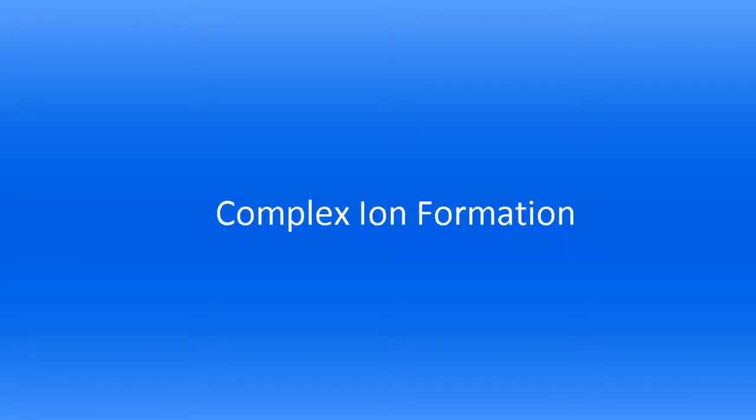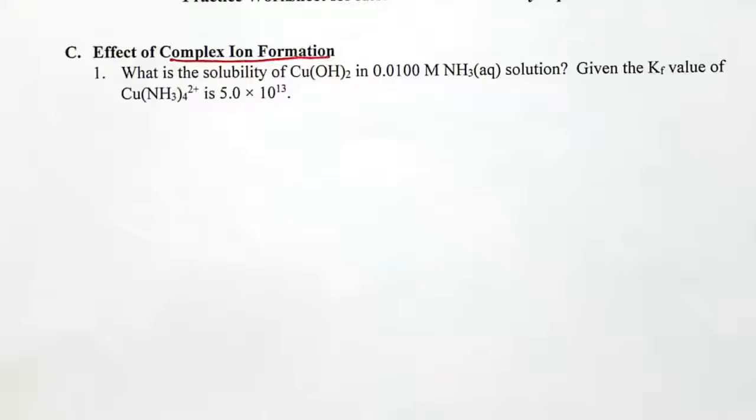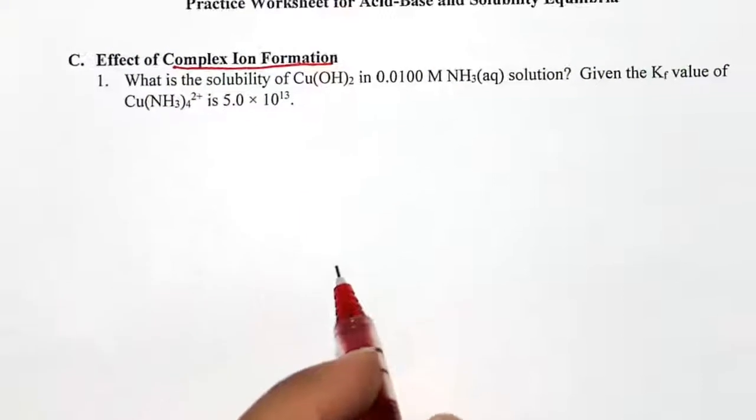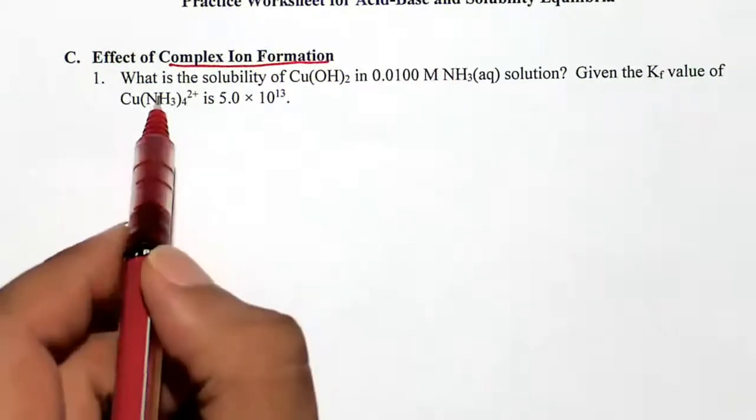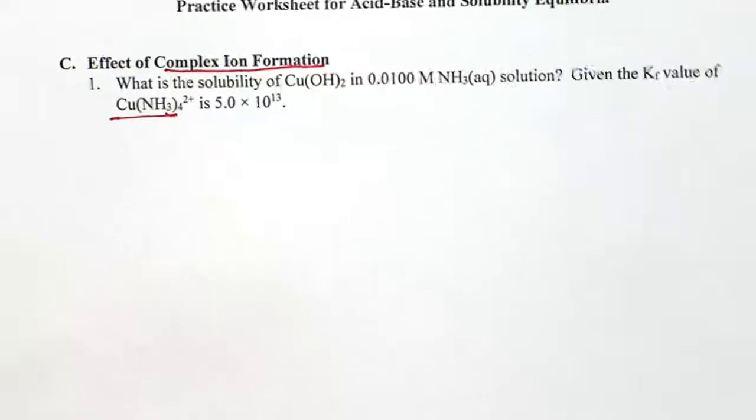So complex ions, you saw that when you were doing the experiment on Le Chatelier's principle, particularly iron thiocyanate and the copper ammonia complex. Here, that same copper hydroxide whose KSP you've measured and whose solubility you've measured in water and in copper nitrate can form a complex with ammonia.